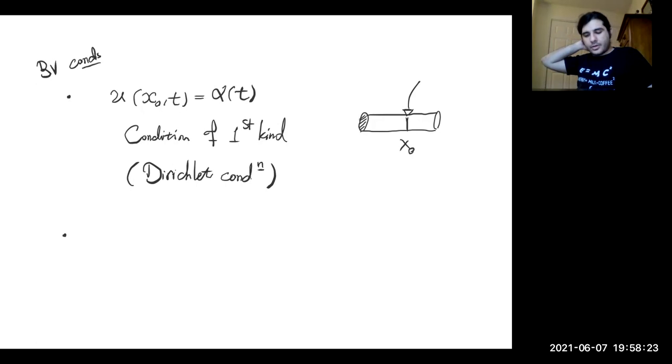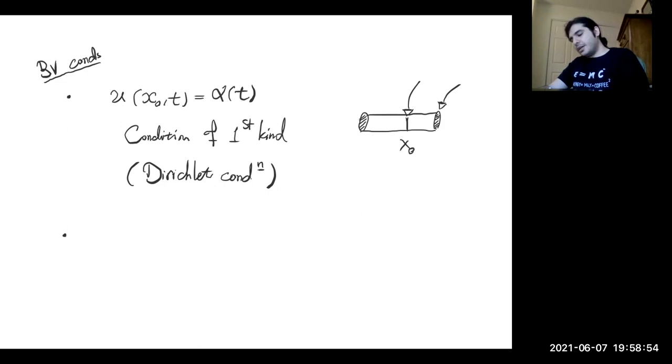Another sort of boundary value condition is that rather than fixing, for example, u at some point to be something given, you can do something so that u here would not change in the direction of x. For example, you can connect this part to some material which is not conductive anymore.